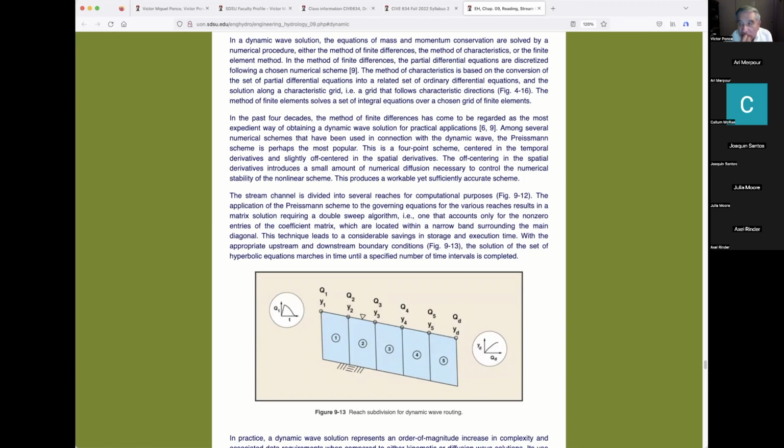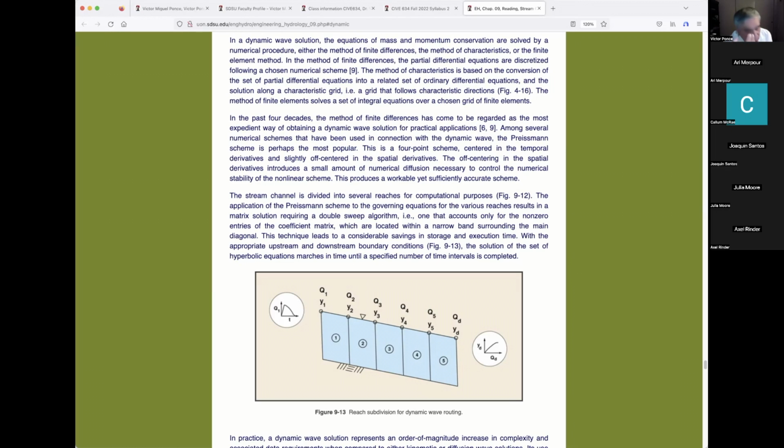Then came the work of Konch and the following by myself and several other people, where we argued quite convincingly that the diffusion wave was there to stay and that it should be used more broadly than the kinematic wave. And then finally, the dynamic wave.